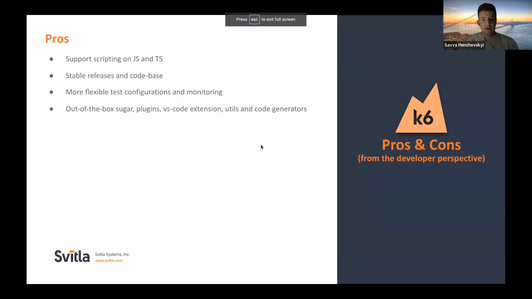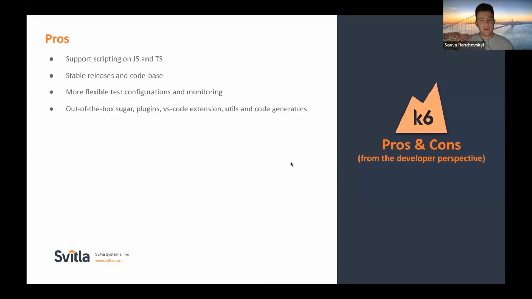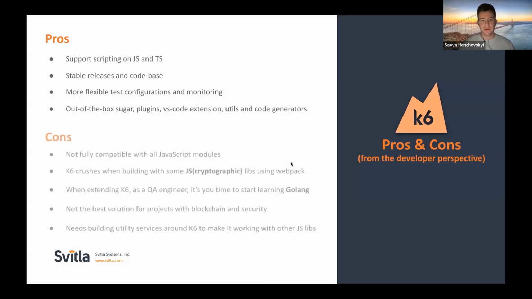So, as we can see, K6 is a great and very popular tool, and it has many advantages. But not everything is so obvious with K6, because K6 cannot be compiled using Webpack with some important Node.js libraries.